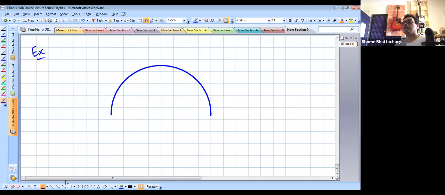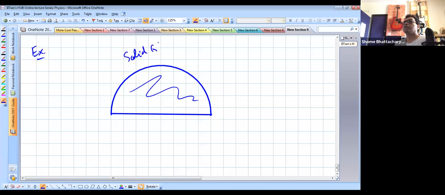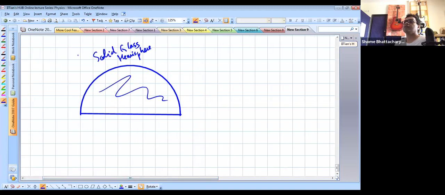So we have a perfect hemisphere of glass. So we have a solid glass hemisphere. This is made of special high density ground glass. So the glass has refractive index of 2, okay, and the radius, let's say 20 centimeters over here, okay.